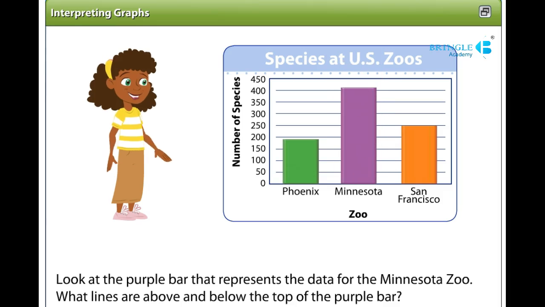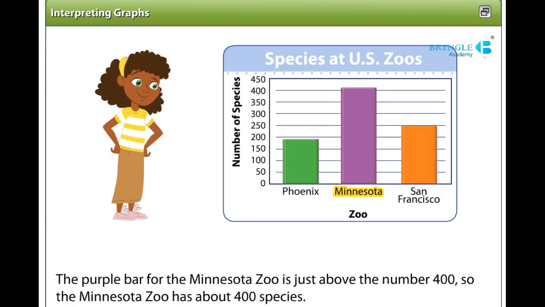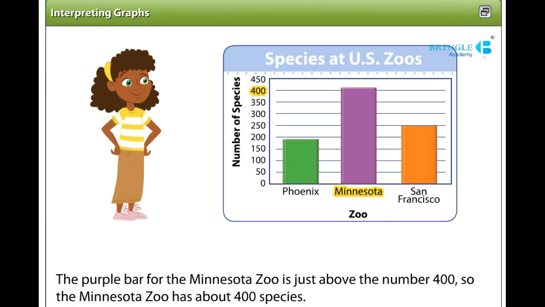Look at the purple bar that represents the data for the Minnesota Zoo. What lines are above and below the top of the purple bar? 450 and 400 are above and below the top of the purple bar. The purple bar for the Minnesota Zoo is just above the number 400, so the Minnesota Zoo has about 400 species.